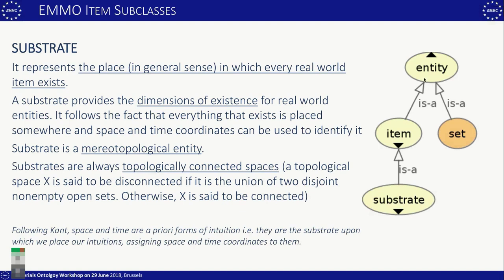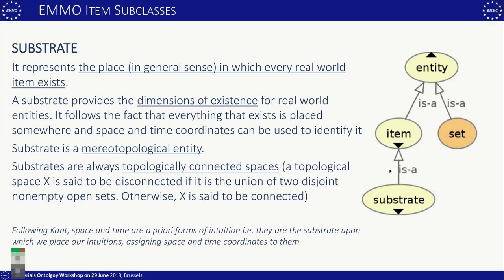So up to now we defined set and item, and we introduced the merotopological system that we want to use to build the EMMO. But what is the most general type of item that we have in the real world?